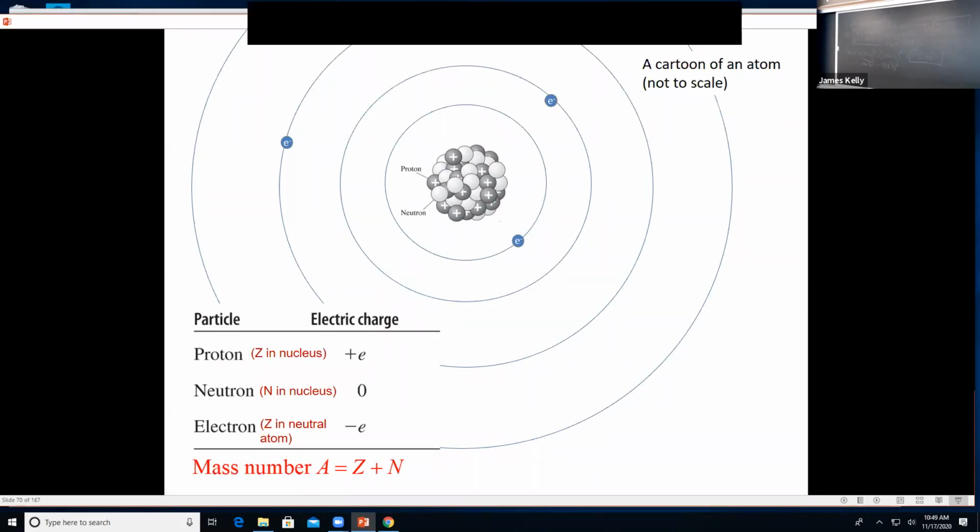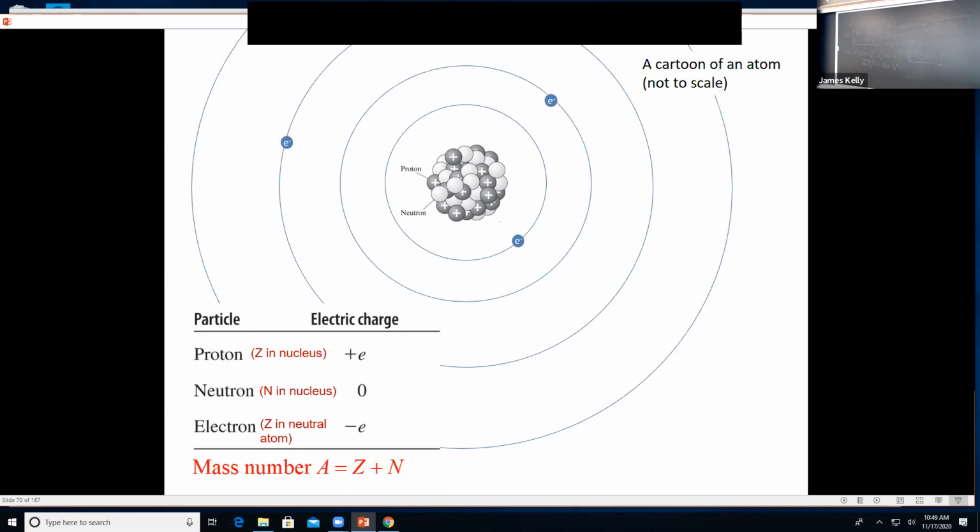If anybody knows, they can correct me. But the mass of an electron is really negligible compared to any one of these, what we would call nucleons, protons or neutrons. So the mass of this whole atom is really going to be dominated by just the mass of the nucleus. And the mass of the nucleus is sort of proportional to the number of nucleons in the nucleus: how many protons plus how many neutrons. So the mass number is just counting up what we call nucleons in the nucleus.